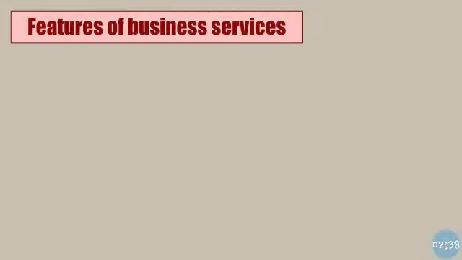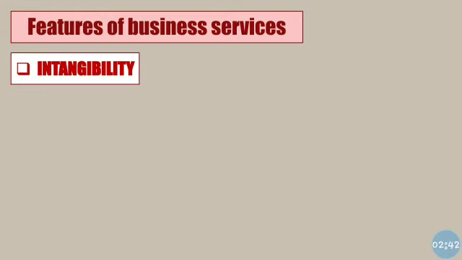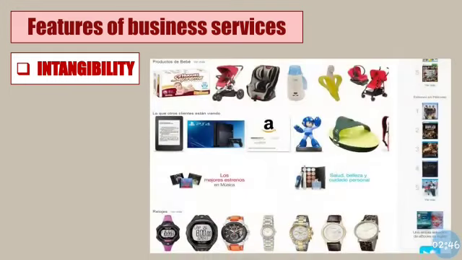Features of business services. First one is intangibility. A service is not a physical product which can be seen, felt or touched like other products. As we discussed in the definition, services are not in material form which you can show to others.